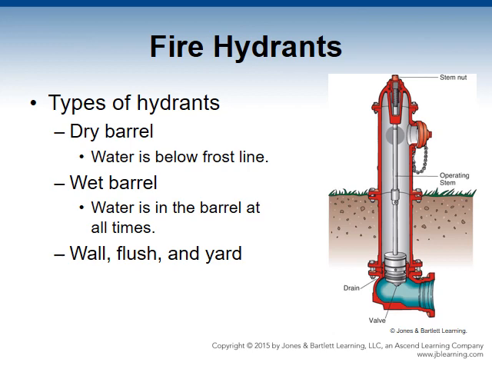Both types have one large nozzle, known as a steamer nozzle, typically between 4 and 5 inches in diameter, and two smaller nozzles, typically 2.5 inches in diameter. The local fire department determines the types of threads used on the hydrant.